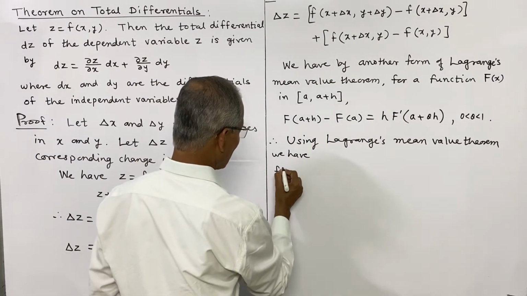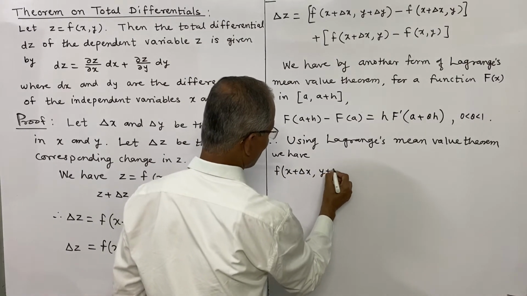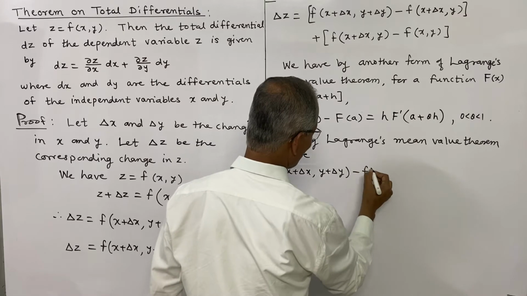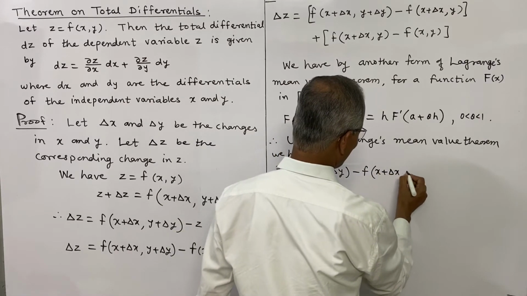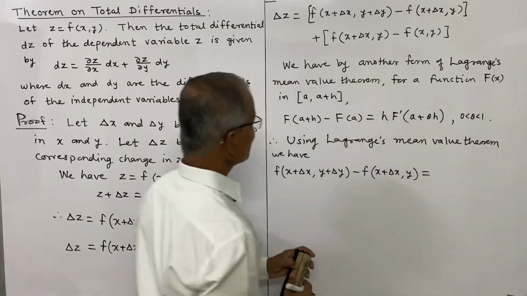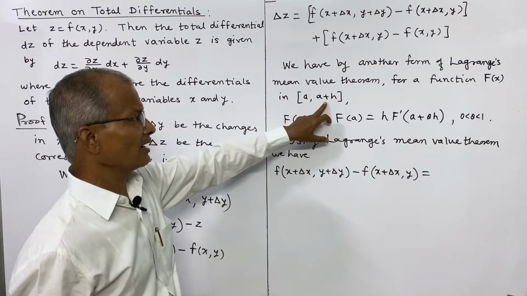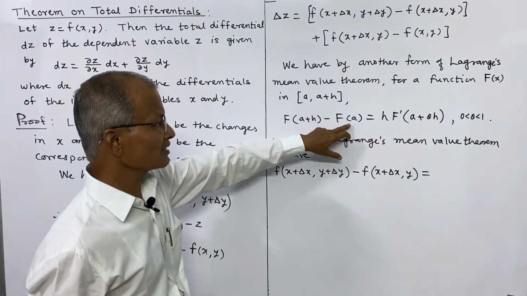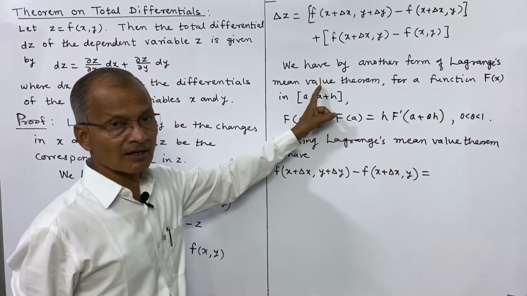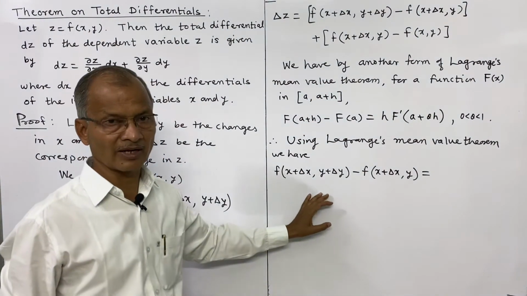f of x plus delta x, y plus delta y minus f of x plus delta x comma y. What will be this? See here, if the interval is, or two points are a and a plus h, then F of a plus h minus F of a. This is a single variable function, but here this is not a single variable function.